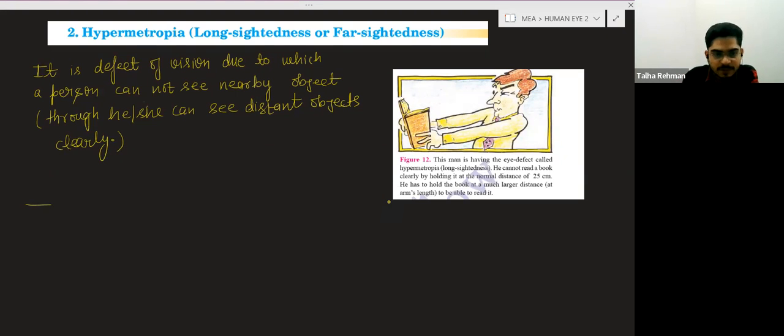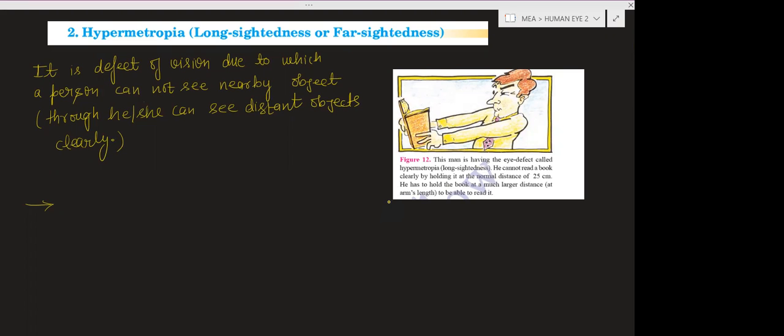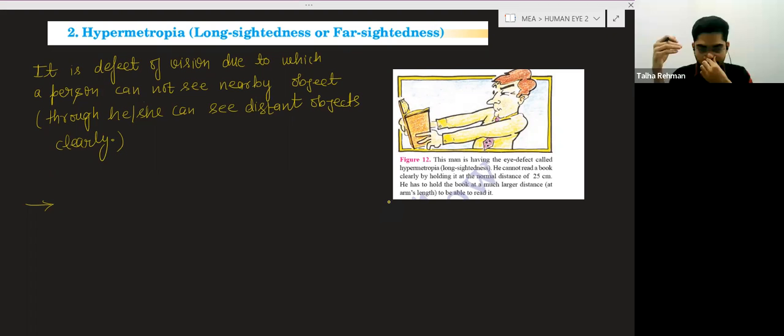In this case, what happens? Basically, what is the normal near point? 25 centimeter. So the near point of the person becomes more than 25 centimeter.